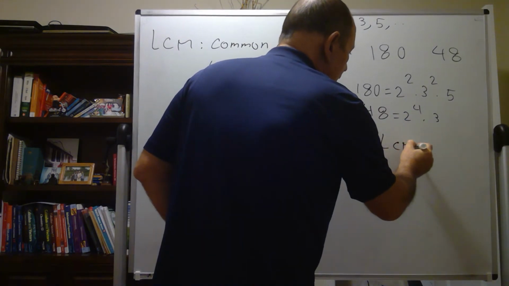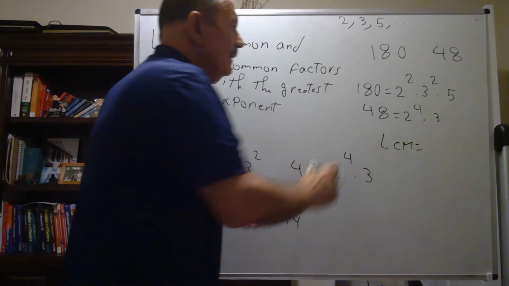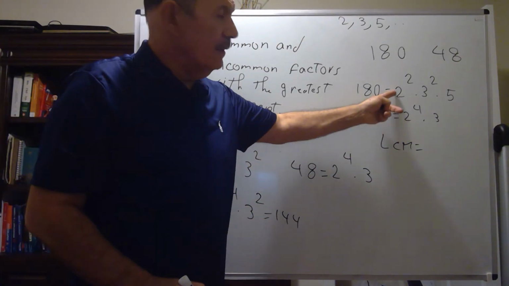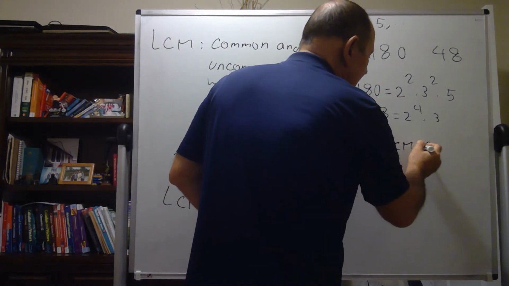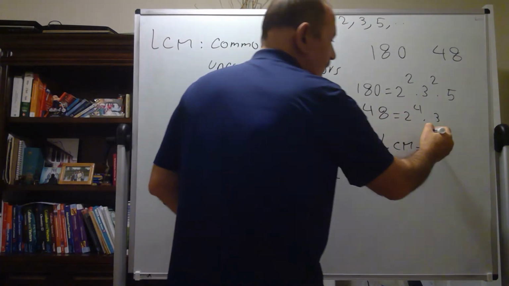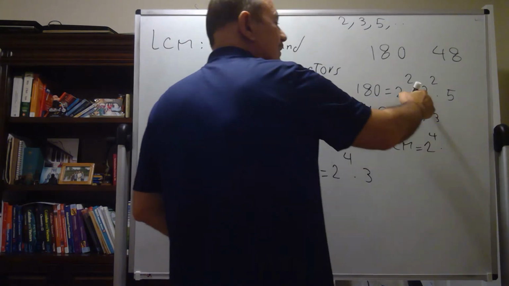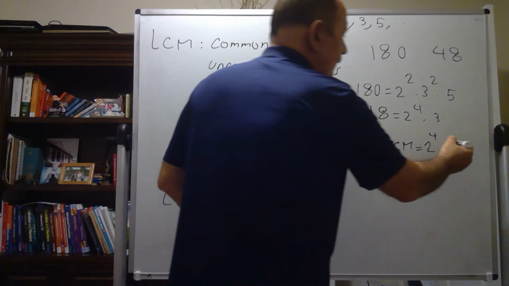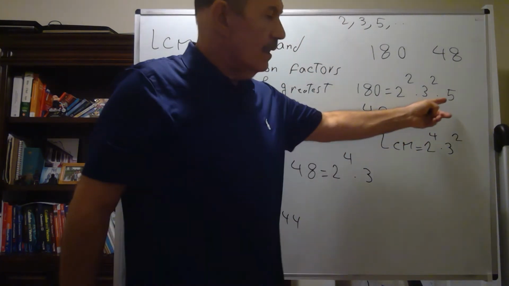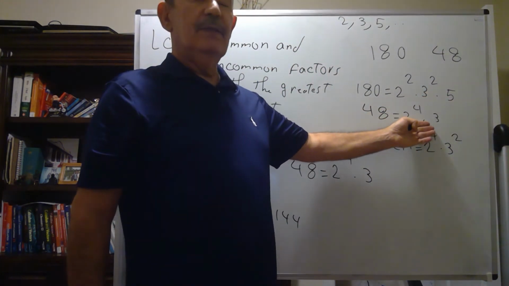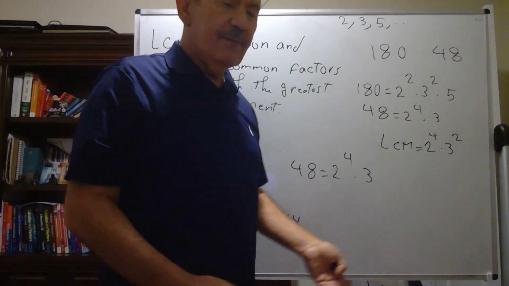LCM of 180 and 48. 2 and 2 are common factors, so we select 2, but the greater exponent, which is 4, times 3. 3 and 3 are common factors, so we select 3. Again, 2 is the greater. 5 is not common because we have 5 here, we don't have 5 here, so we should select 5 as well.